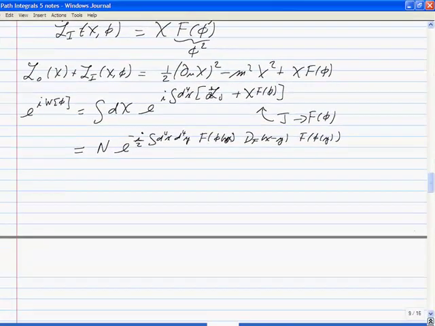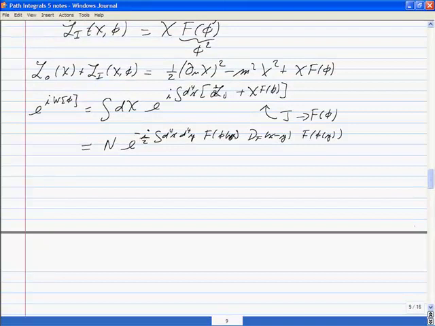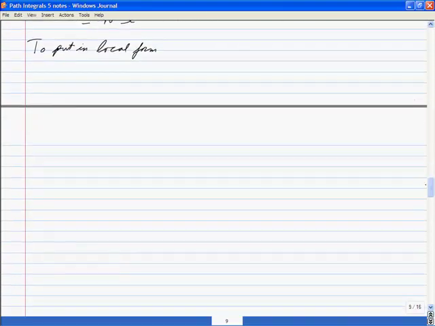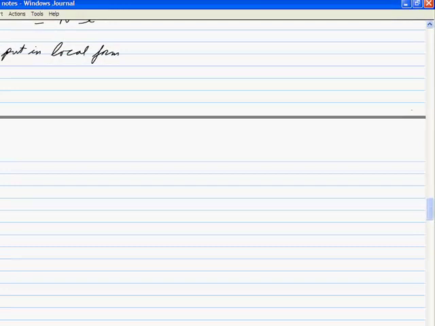It's like 1 over the absolute value of x minus y. But to put this in a local form, let me actually write it on the next page.